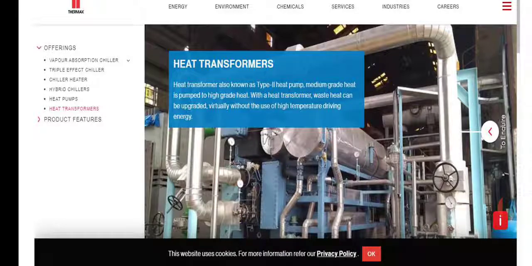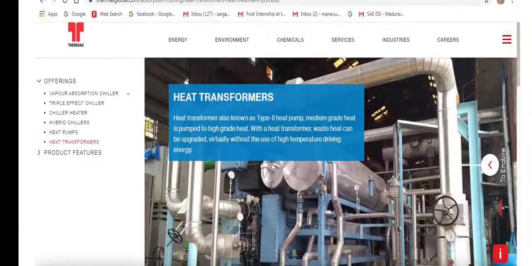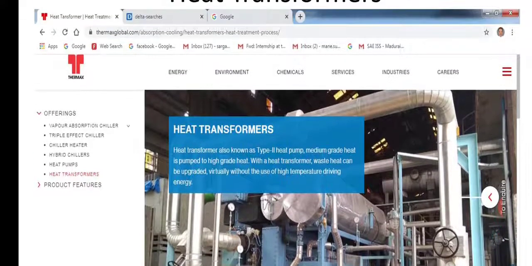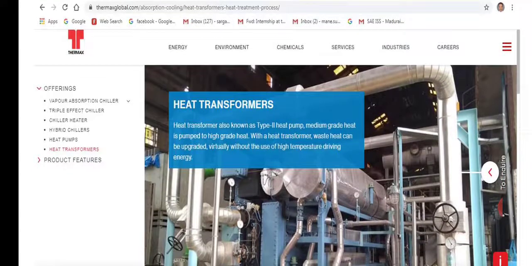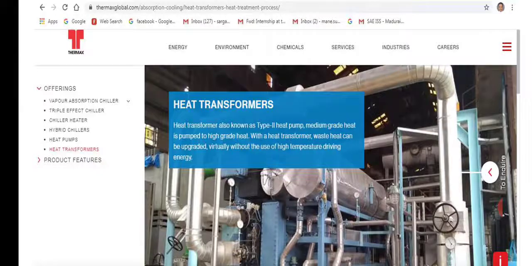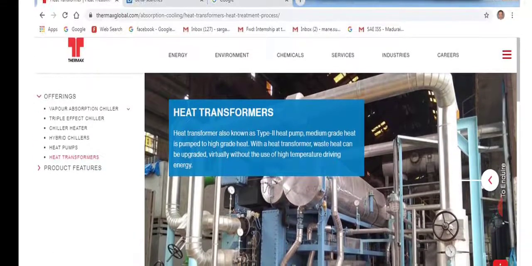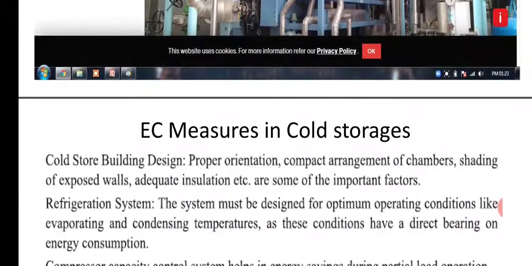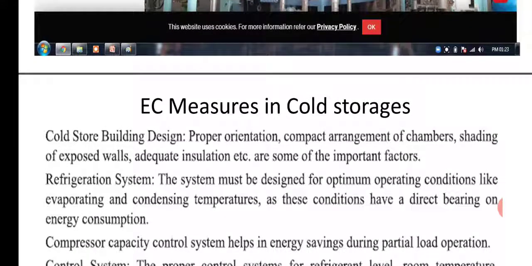In certain conditions, to increase the temperature, heat transformers are used, and these also basically use the vapor absorption refrigeration system principle only, and they increase the temperature of the heat. So these are also new terms catching up. I think Thermax is manufacturing these heat transformers. As I was telling, these industries consume a lot of energy. That is why they are focusing on reducing energy cost to become very competitive.